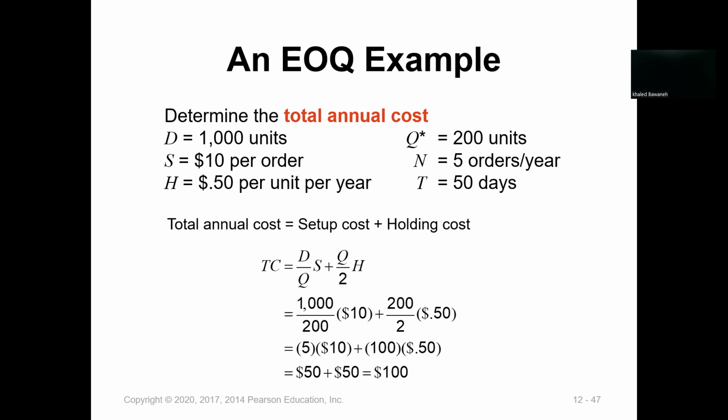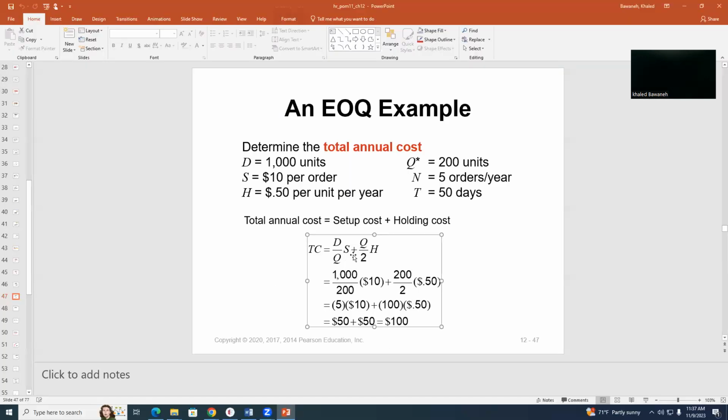Okay, so the total cost is the holding cost plus the setup cost. So what's the holding cost? Q over 2 times H plus D over Q times S. I will copy this. See if I can copy this. No, I can't.